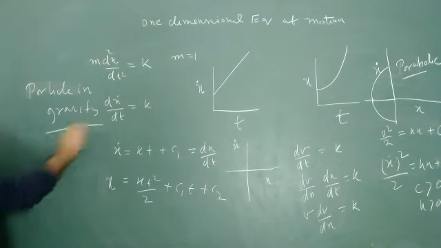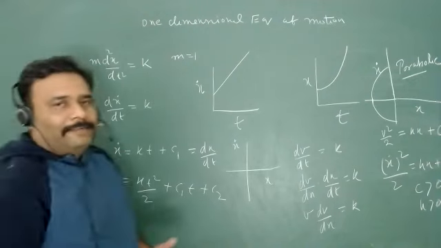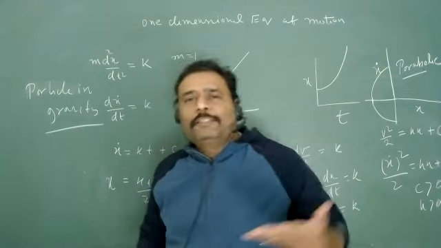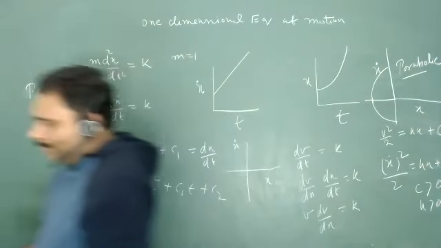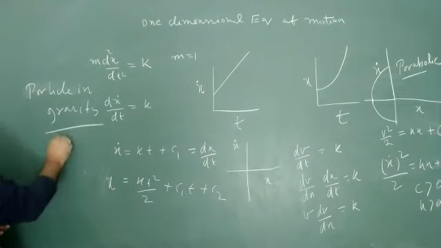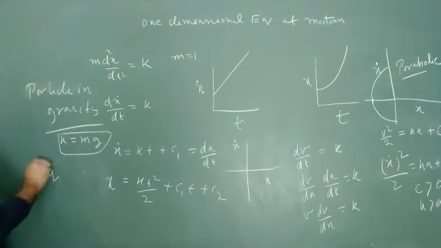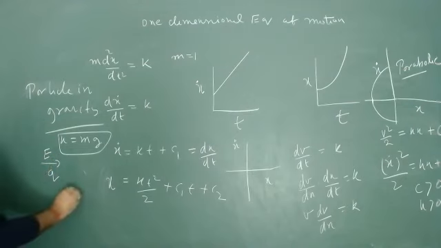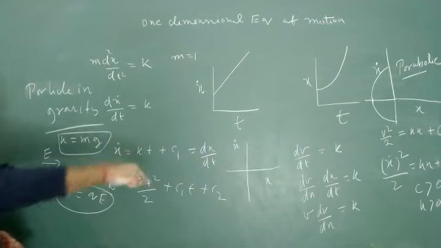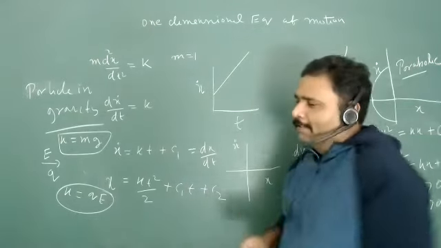Another system: a charged particle in a constant electric field, isn't it? Here k can be mg for a particle in gravity. For a charged particle in electric field E, your k is equal to what? qE. This is again constant. You will have exactly the same kind of situation, isn't it?